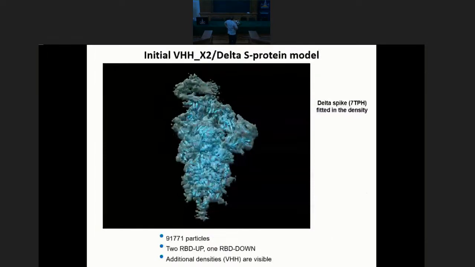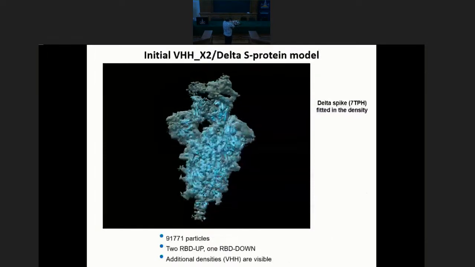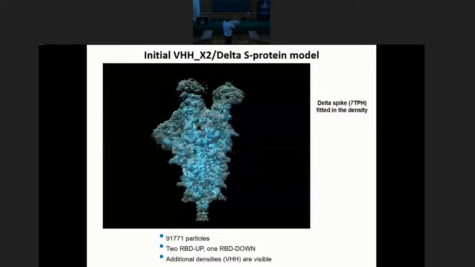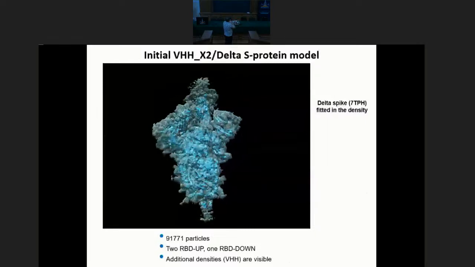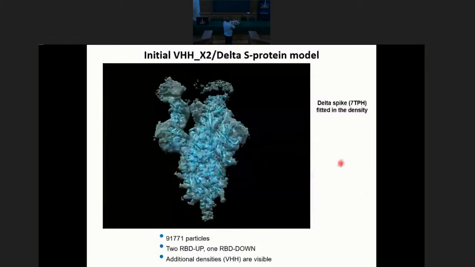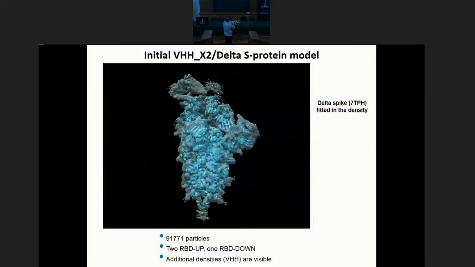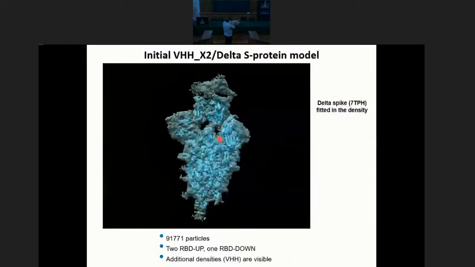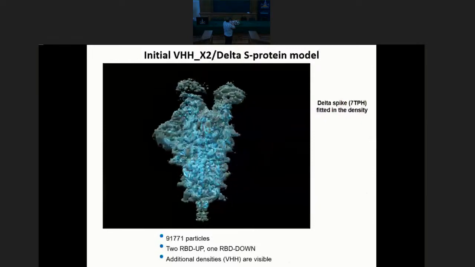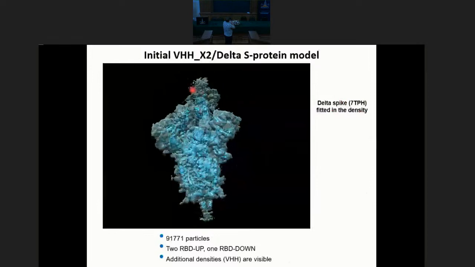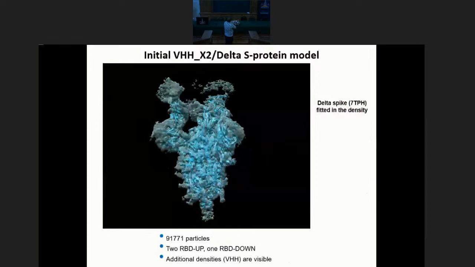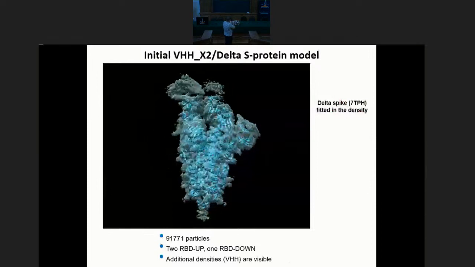Initially, they took the Delta variant of coronavirus and made the structure of the complex. This structure is fitted by the structure from PDB of the Delta spike variant with 2 RBD up and 1 RBD down. You see that it fits perfectly, but there are some additional densities that correspond to the bound antibodies. Here there are almost 100 particles in this structure.